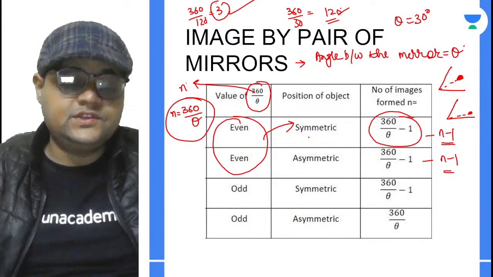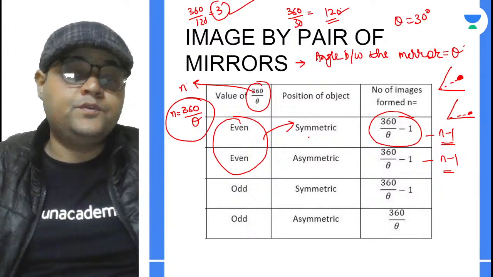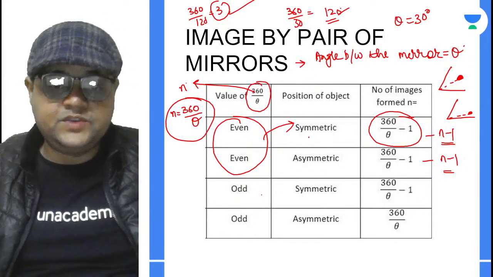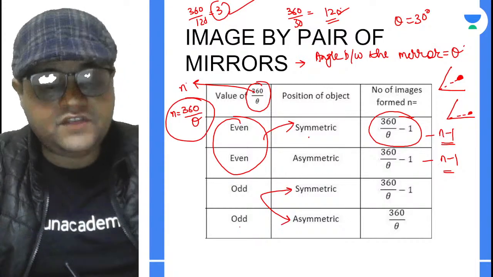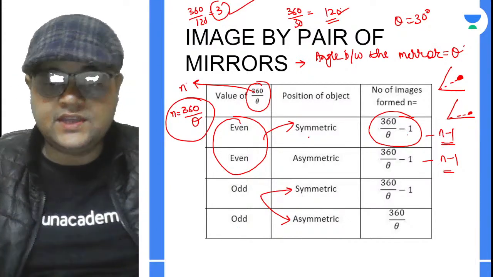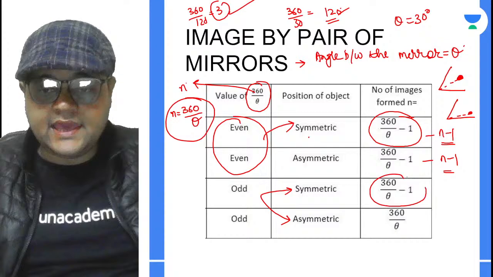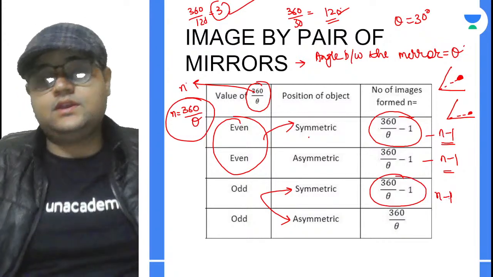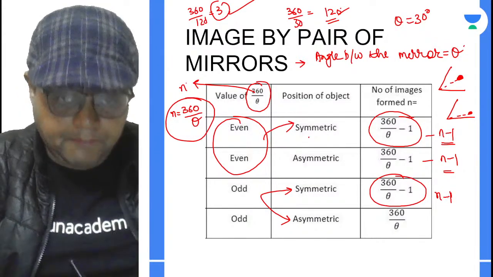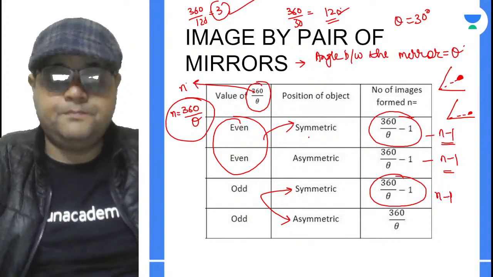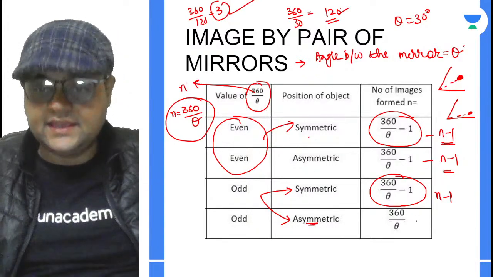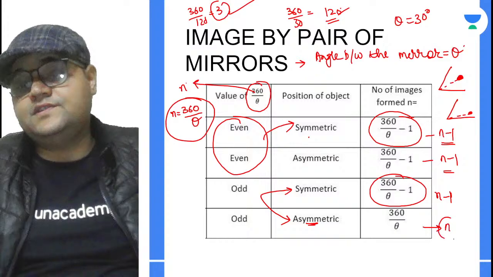You have to see the positioning, whether the object is symmetric or asymmetric. If the object is symmetrically placed, the number of images will again be n minus 1. But in case the object is placed asymmetrically, then the number of images is n.